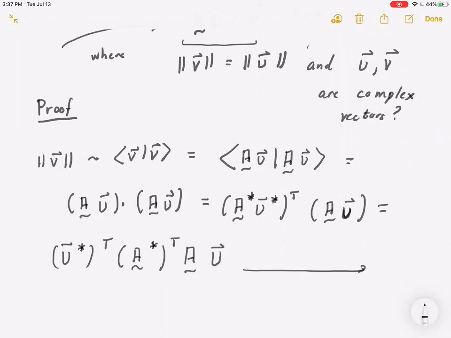I want to basically make sure that the norm of V is the same as the norm of U. The only way I'm going to do that is if the transpose of the complex conjugate of A times A equals the identity matrix.